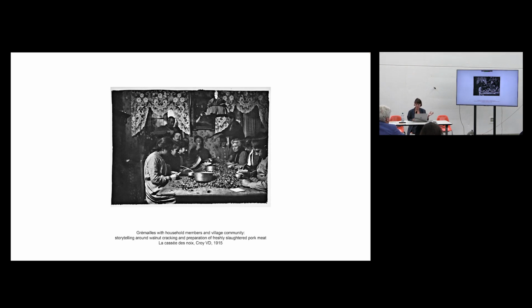Everyone together would crack the nuts while stories and tales were told around. So this is a very specific event that I'm interested in, because it has a superimposition of a lot of different kinds of work. There is no spatial division of work. And it's growing out of the single unit of the farm, it's anchored in the territory.